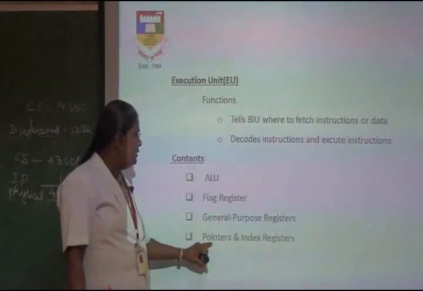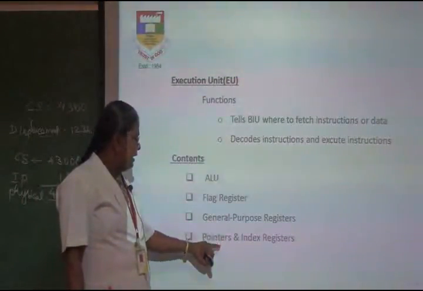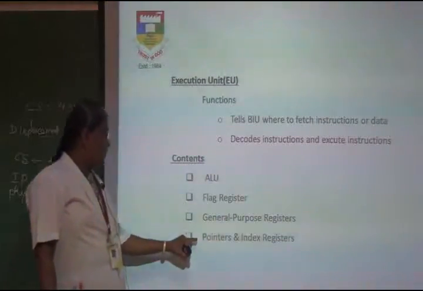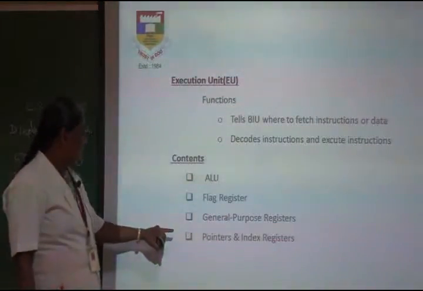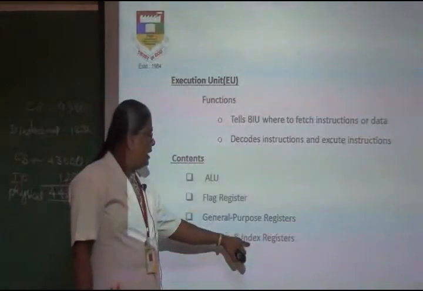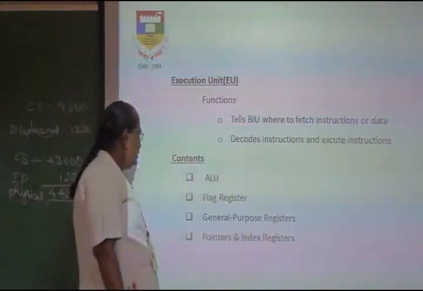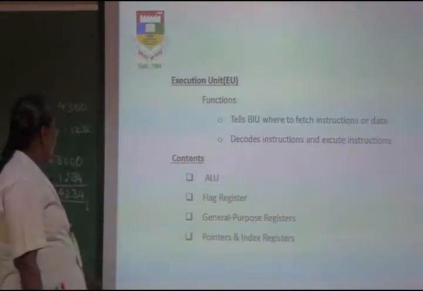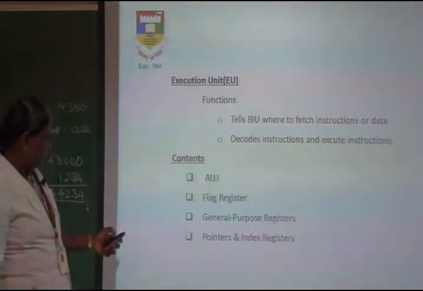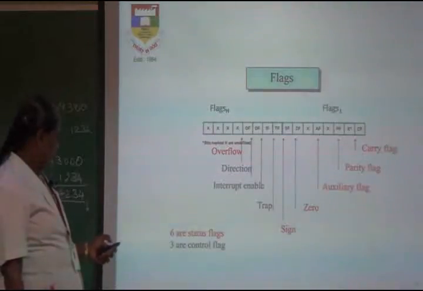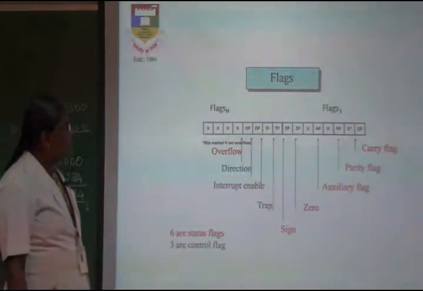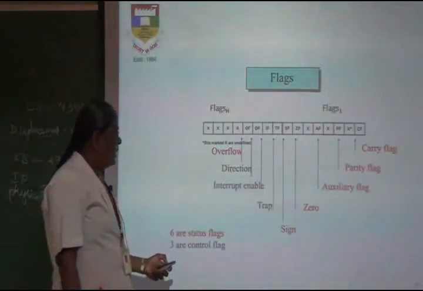The pointers are used to store the offset address, and index registers for storing the offset for string operations. It consists of 5 flags.